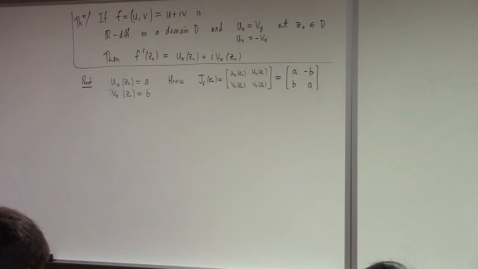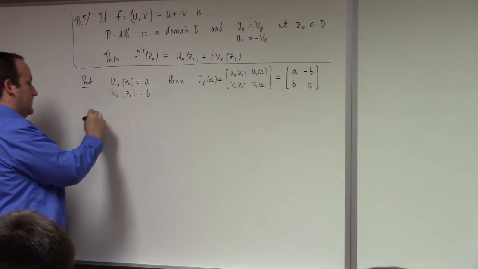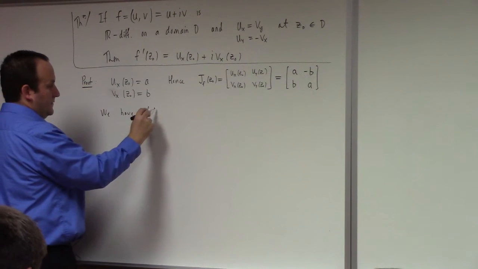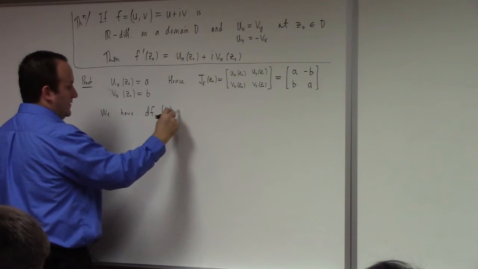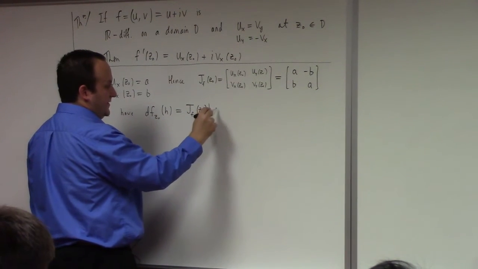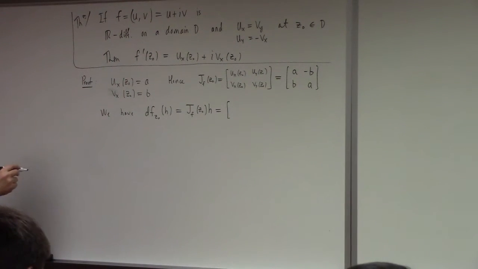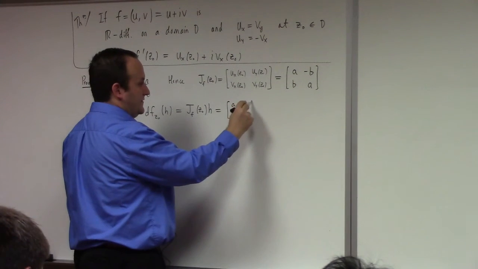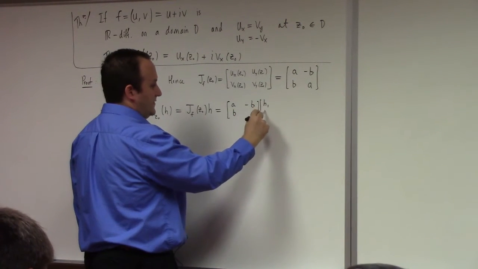Okay? Now we have the differential at z naught acting on h is equal to the Jacobian matrix of f at z naught multiplied by h, all right? So what is that? Well, it's the matrix (a, minus b; b, a). And h is a vector, so it's (h1, h2), let's say.